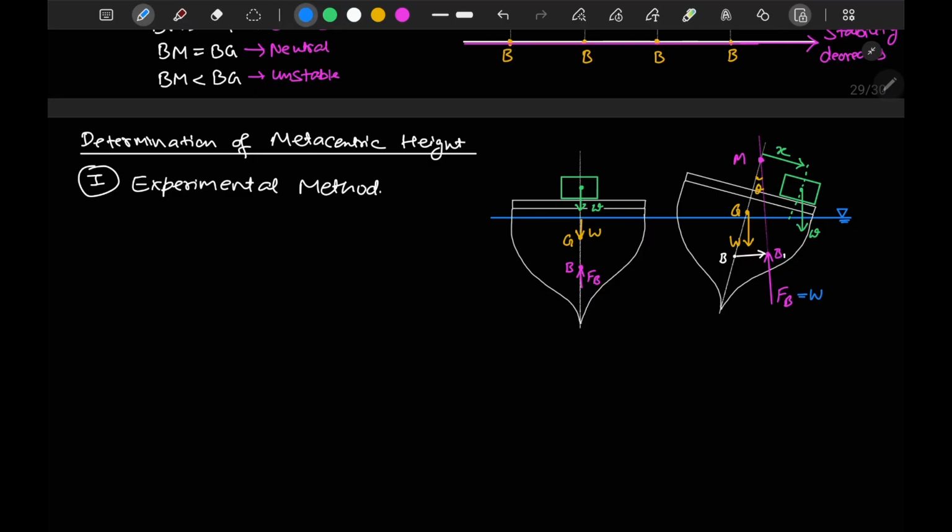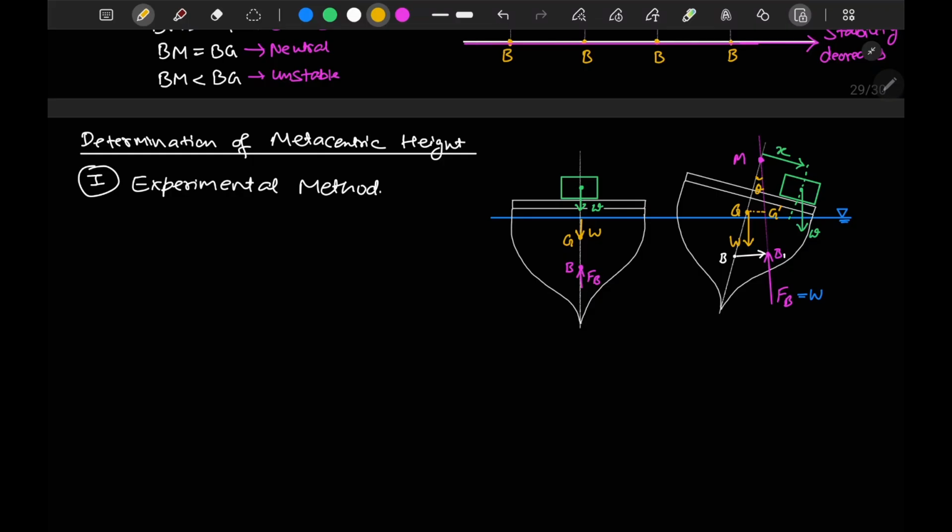We know this, because this small weight is included in the weight of the ship. Let's name this point G dash. This will be your apparent point of weight, as if your body was aligned along this point.